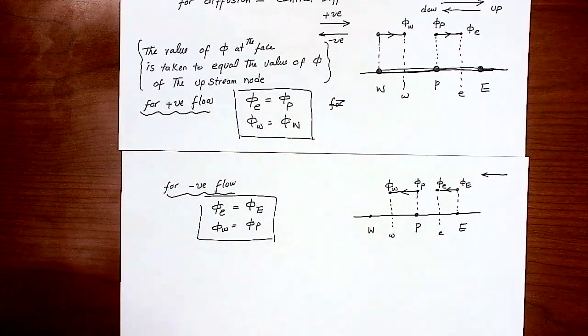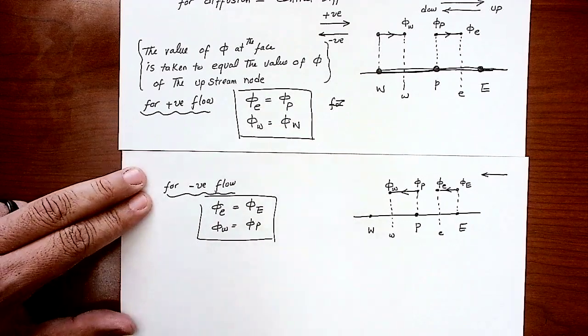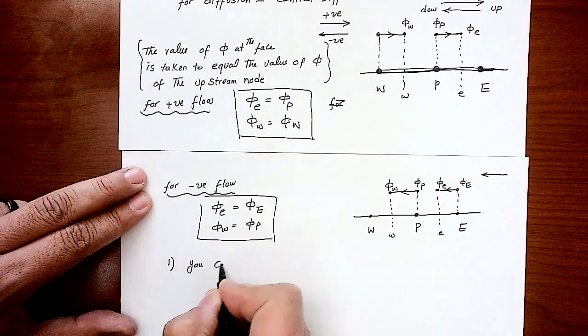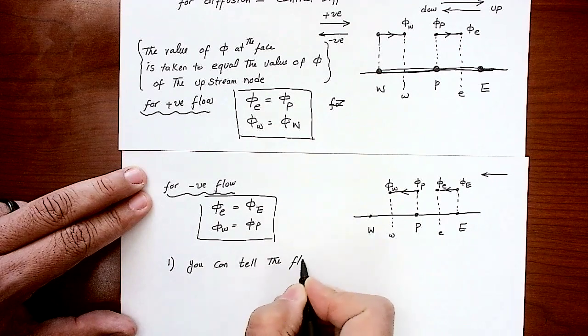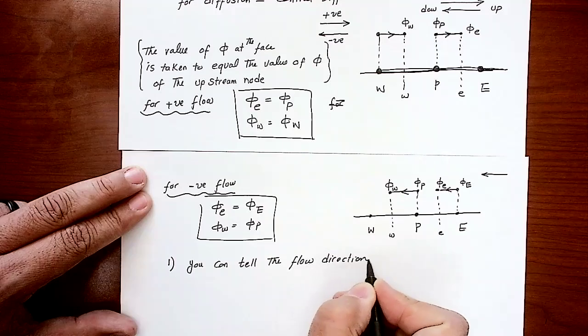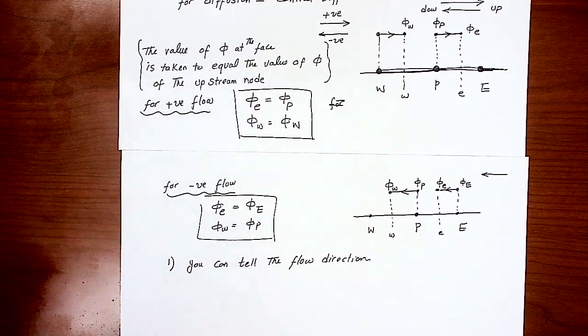So if you look at these two approximations, you can actually tell the flow direction, which was missing in the central differencing scheme solution. So that's one advantage that we got from the upwind scheme. Number one, you can tell the flow direction from the approximation here, because you can determine the upstream node of the east face.